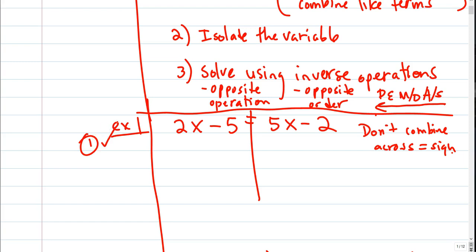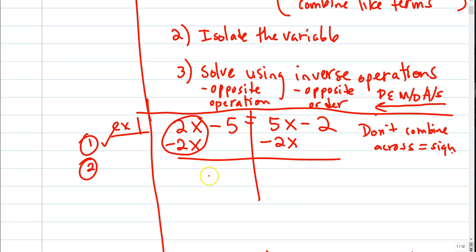Well, I can't simplify that, so we will isolate the variable. Basically, I will move the x to get all the x's on one side. So we move a positive 2x by subtracting it away. That zeroes that out, hence making it go away. And to keep it balanced, if we do it to one side, do it to the other. So now we have negative 5 is equal to 3x minus 2.